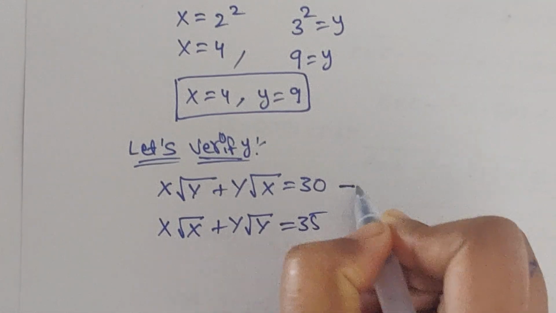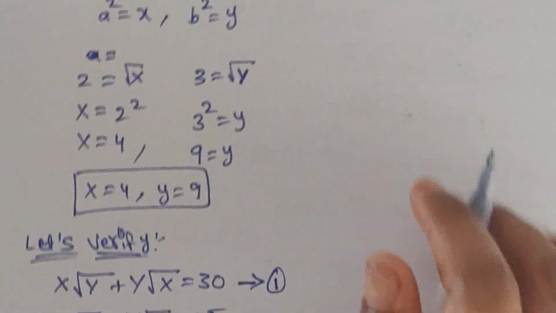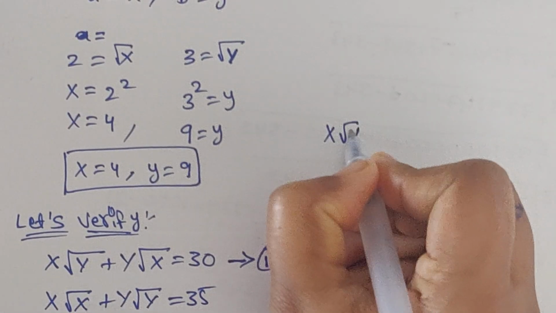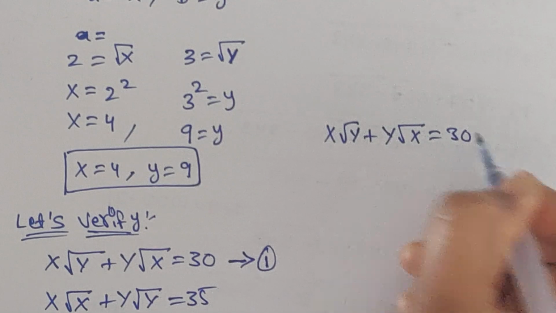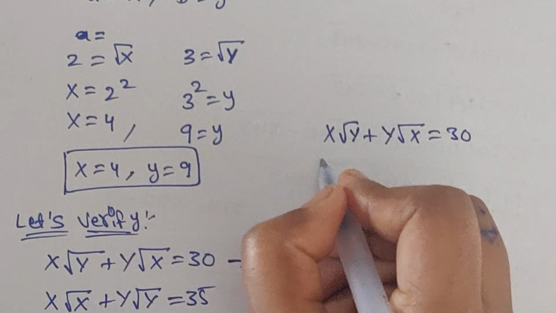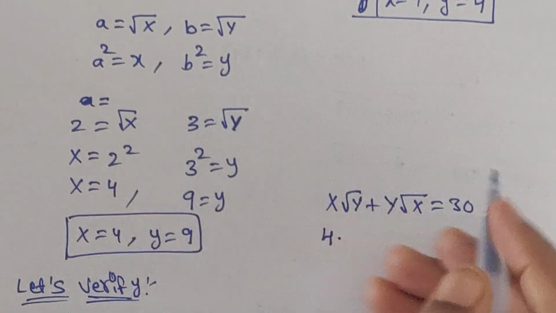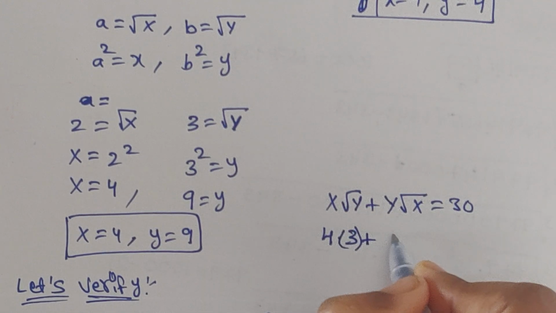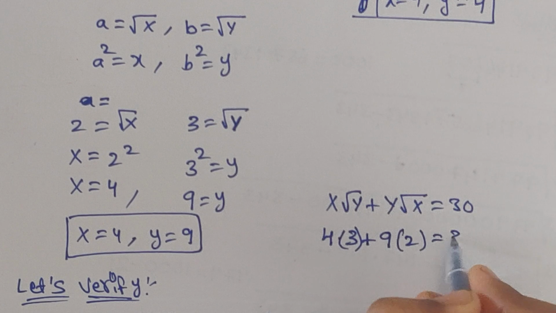Let's verify with the first equation. x square root of y plus y square root of x equals 30, so x value is 4, so 4 times square root of y value is 3, plus y value is 9 and square root of x value is 2, equals 30.